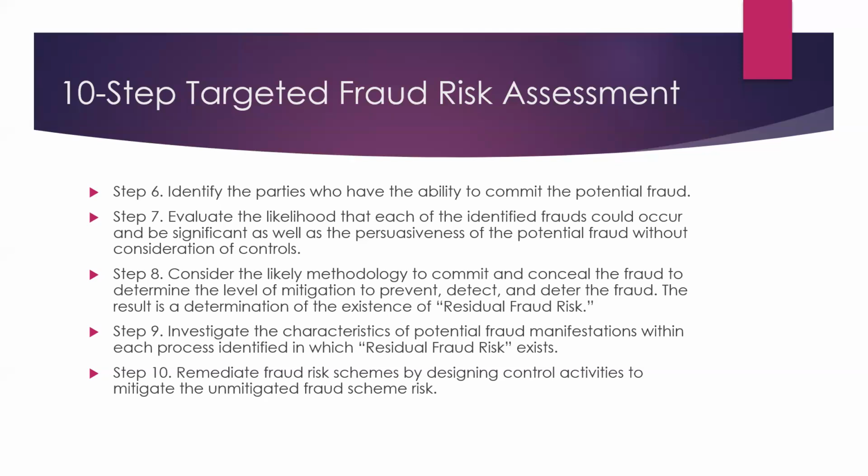And then step 10, the last step, remediate fraud risk schemes by designing control activities to mitigate the unmitigated fraud scheme risk. So after we have found that residual fraud risk, that leftover piece, in step 10, the fraud examiner is going to reassess and quantify our fraud risk given the steps from steps 1 through 9.